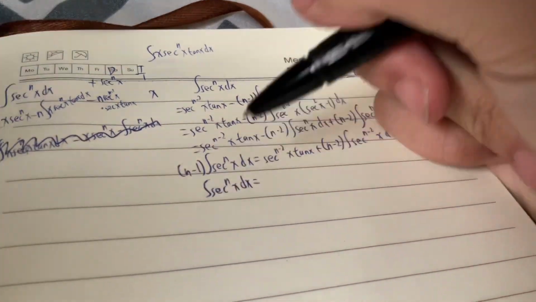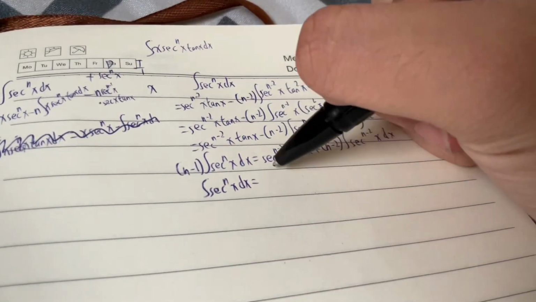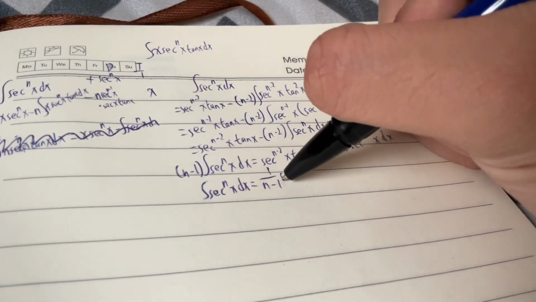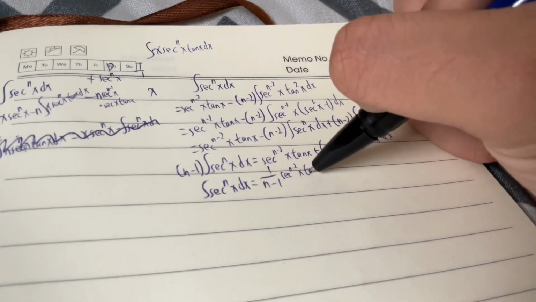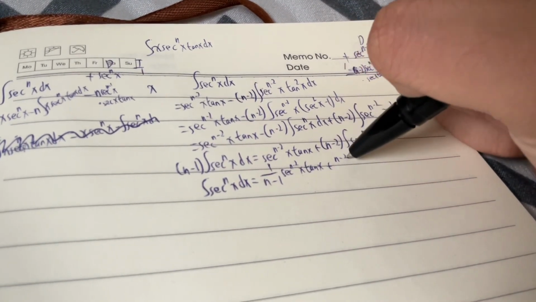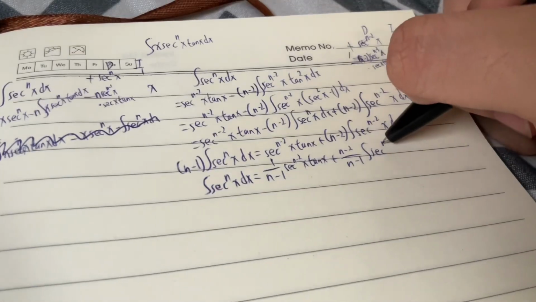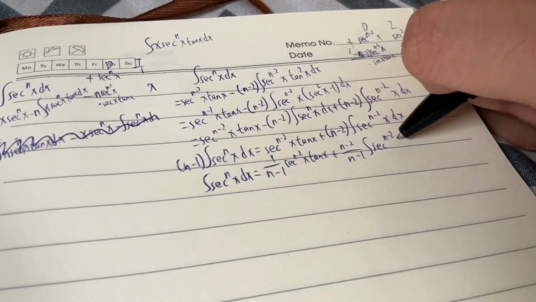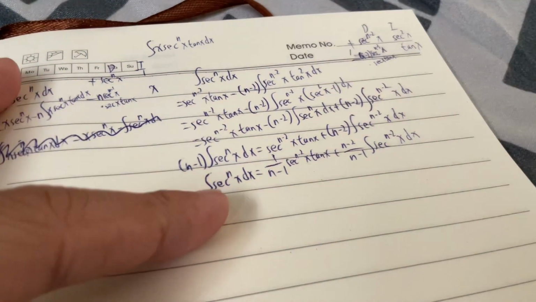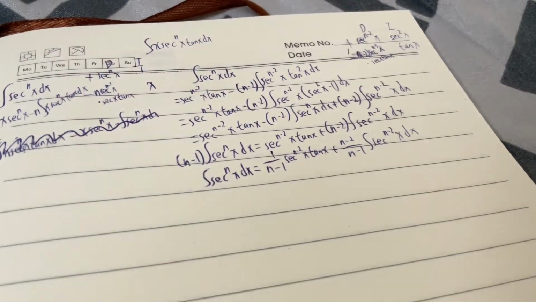So you get the reduction formula: the integral of secant power of nx is equal to 1 over n minus 1 times secant power of n minus 2x tangent x, plus n minus 2 over n minus 1 times the integral of secant power of n minus 2x dx. And here is the reduction formula of secant power of nx dx.